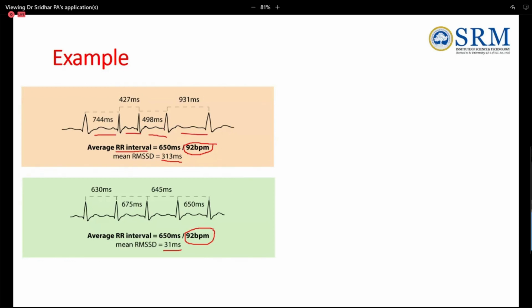It means your heart is functioning, pumping, contracting and relaxing, but sometimes it is too fast, or the time intervals are changing. Now here you can see the mean RMS gives you 31 for the same beats per minute, but you have different rates.